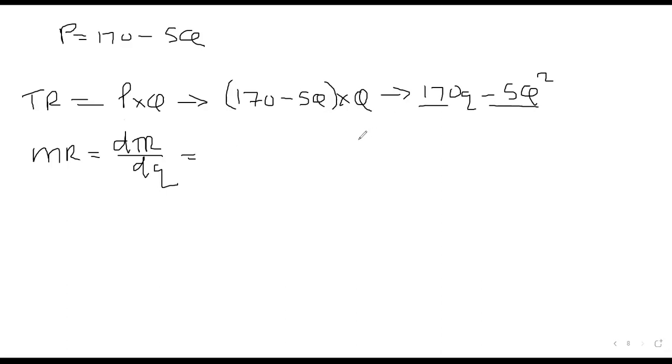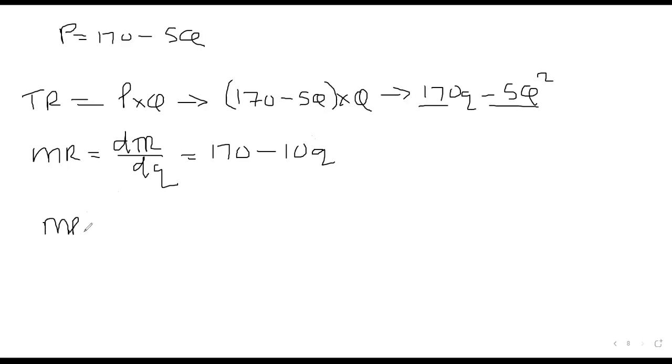What are we going to get? 170q becomes what? 170. 5q squared becomes what? 10q. Thank you. This is called our marginal revenue.